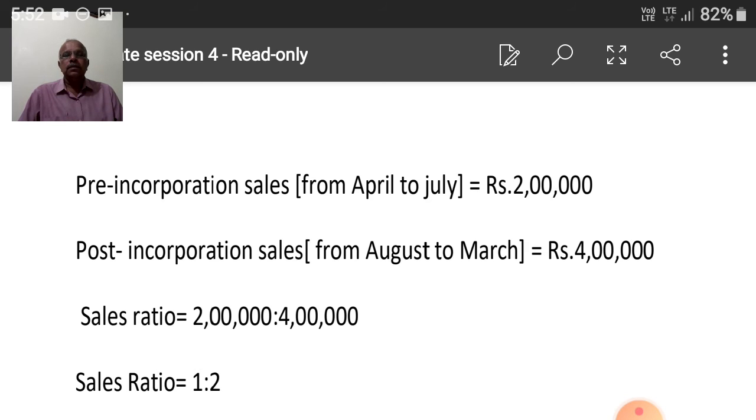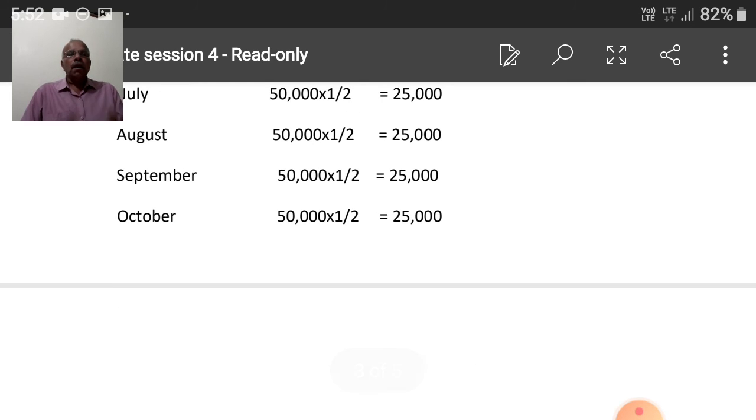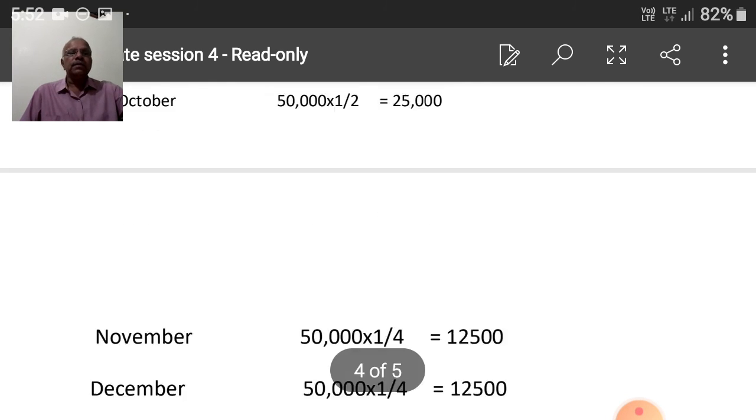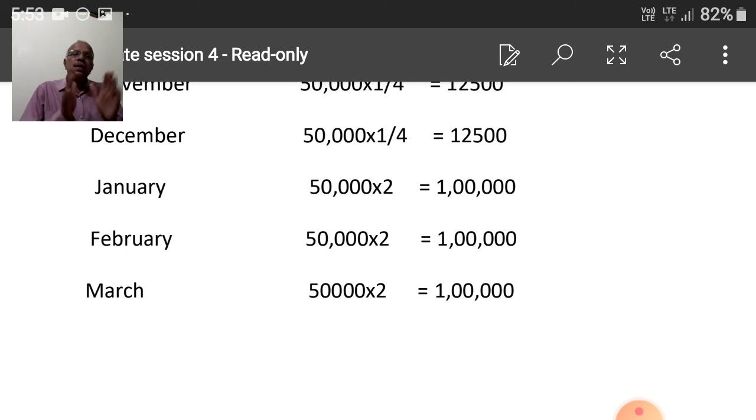Next, post-incorporation sales from August to March: August 25,000, September 25,000, October 25,000, November 12,500, December 12,500, January 1 lakh, February 1 lakh, March 1 lakh.